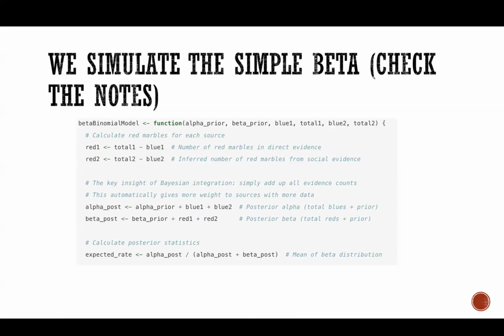And then if we want to have, for the simulation, an expected rate of picking blue versus red, we have the formula that says that the posterior alpha divided by the posterior alpha plus the posterior beta is the expected rate, which should make sense to you because basically we're saying what's the total amount of marbles at the end, posterior ones plus posterior zeros, which proportion of that is ones. Does that make sense? This is for the simulation. In the Stan model, we'll try to keep all the information in place.